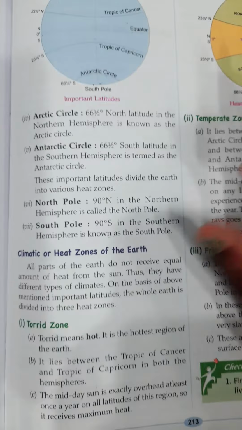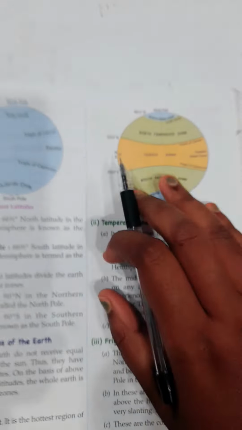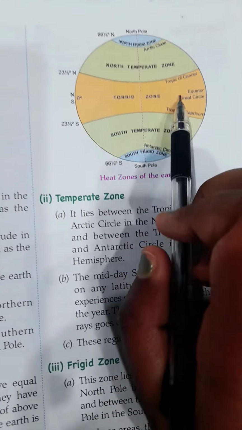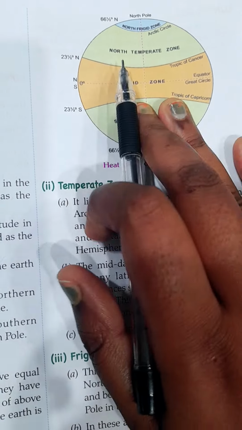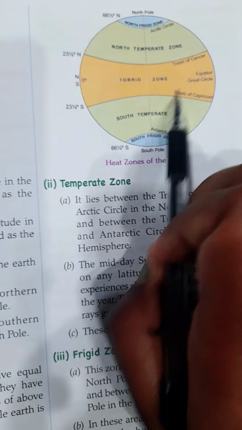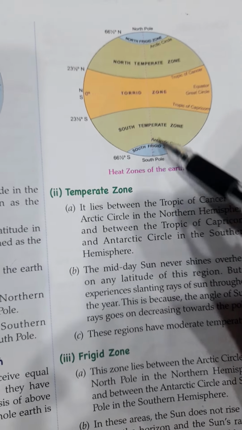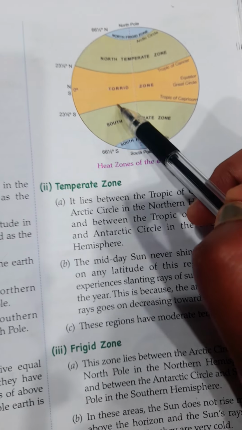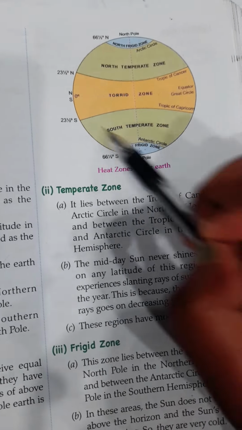Just see, students, you can see the figure showing the heat zones of the earth. The earth has been divided into 3 zones. This division has been done on the basis of the amount of heat received from the sun.